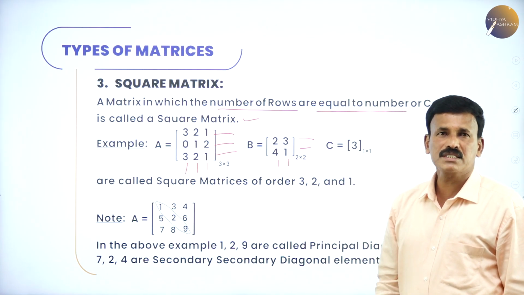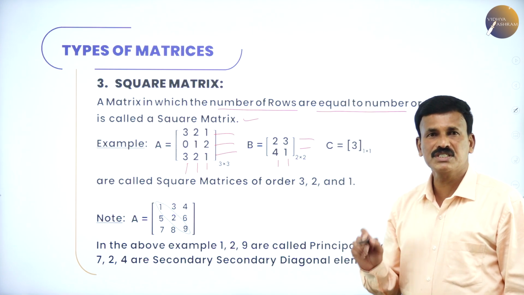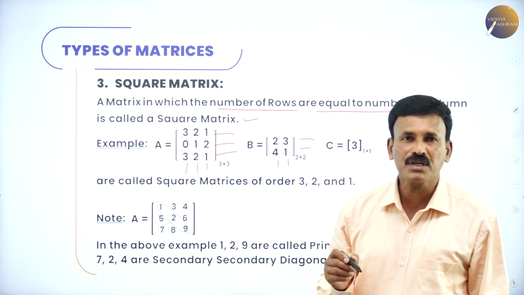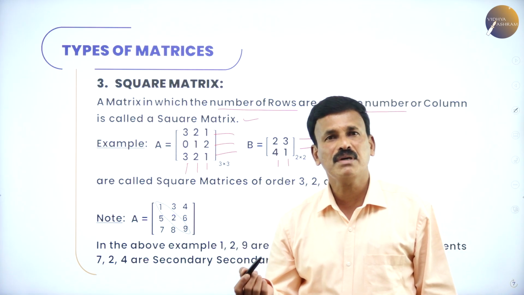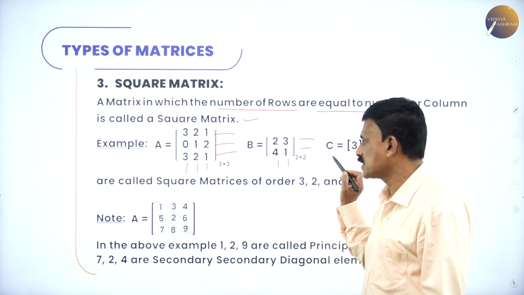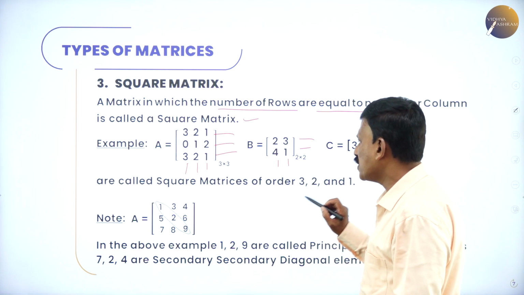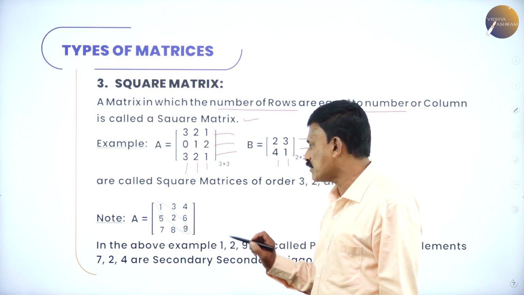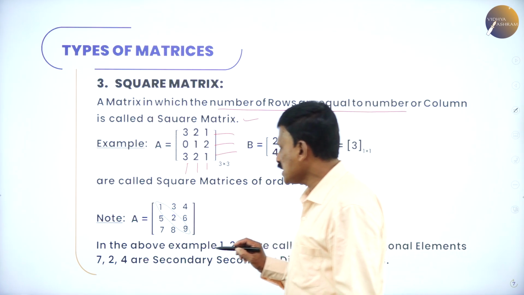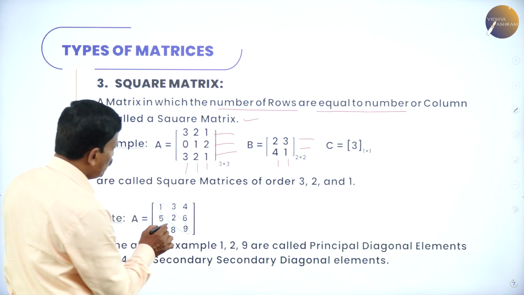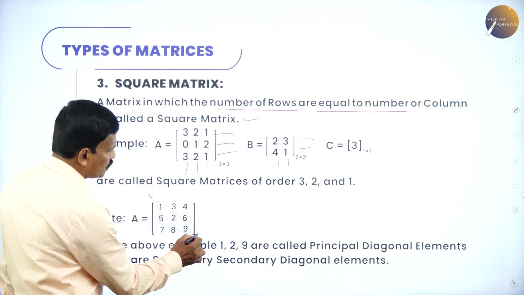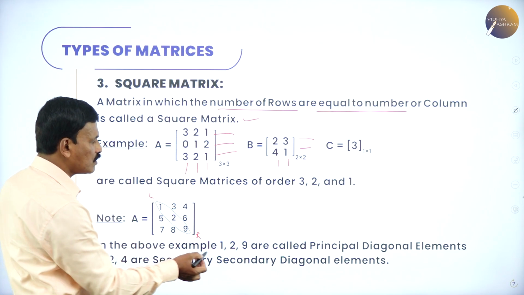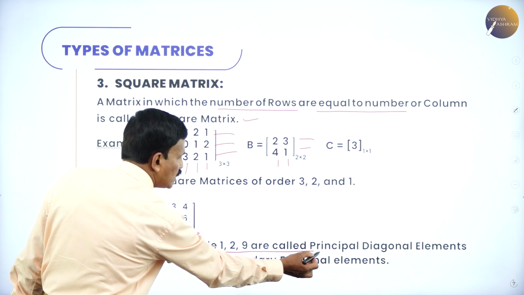So these are all examples of square matrices of order 3, 2 and 1. A square matrix of order 3 means it contains 3 rows and 3 columns. If the number of rows is equal to the number of columns in a matrix, such a matrix is called a square matrix. Now, in this square matrix, the elements from the left top corner to the right bottom corner, 1, 2, 9, are called the principal diagonal elements.